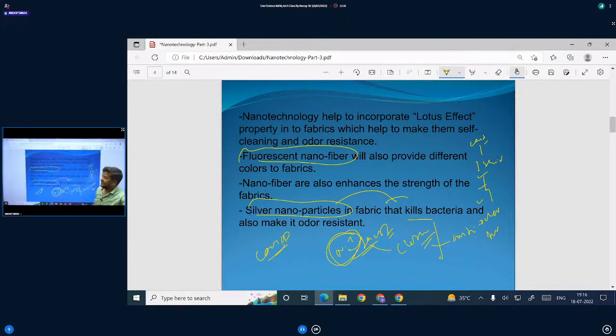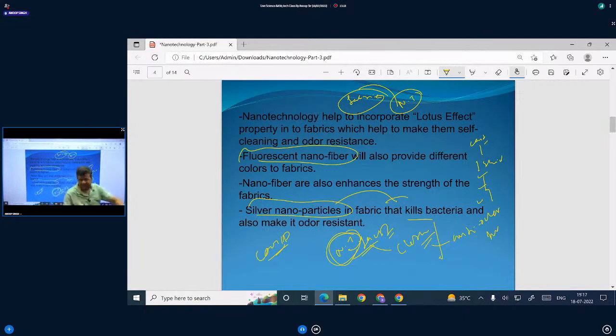In this way, nanotechnology helps change the nature of normal fabric. See, normal fabric you are wearing doesn't have these types of properties. Self-cleaning property they don't have. At regular intervals of time you have to wash your normal clothes. If in the summers you wear them 2-3 times, they become very odorous, and the foul smell comes out. Also, they do not kill microorganisms.